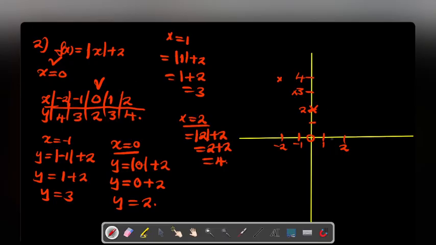So we have 1, 3 as our next point, and finally we have 2, 4. So now we need to sketch our graph. Our graph is just a V, which will touch all these points that we have. So from here it goes like that. So this becomes our graph.